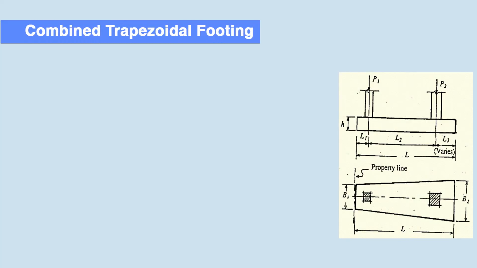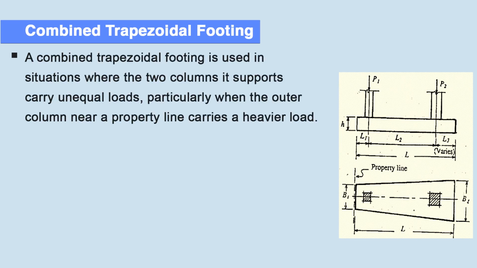Then the next is combined trapezoidal footing. A combined trapezoidal footing is used in situations where the two columns it supports carry unequal loads, particularly when the outer column near the property line carries a heavier load.